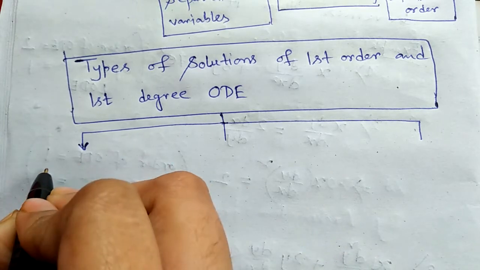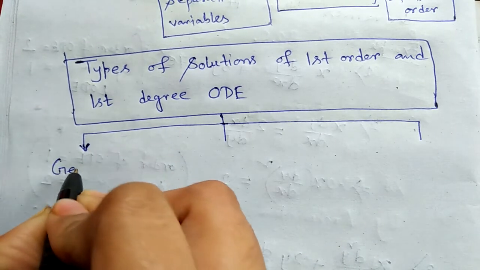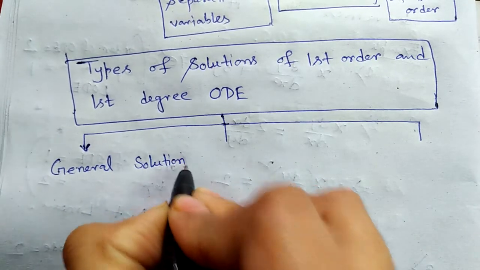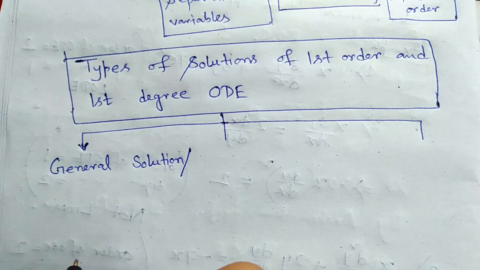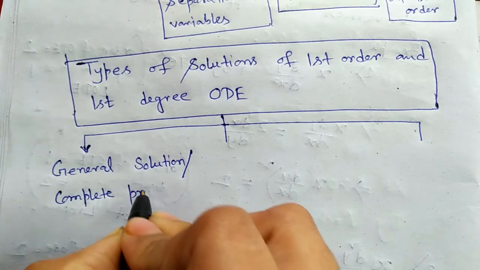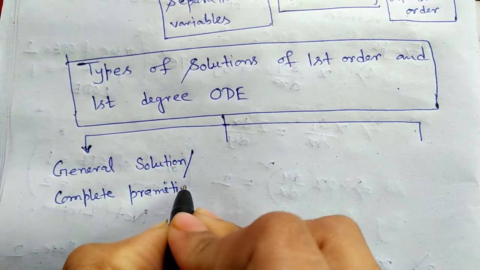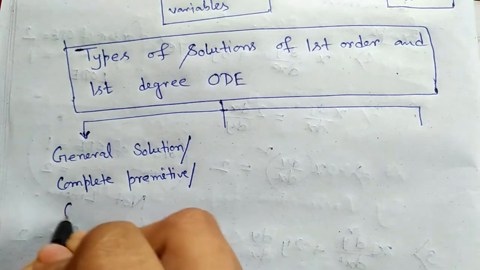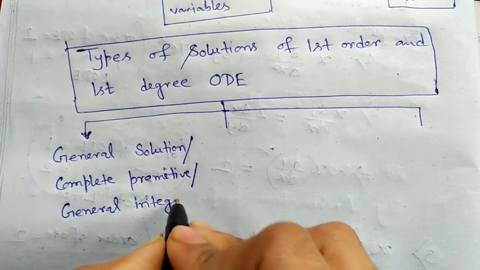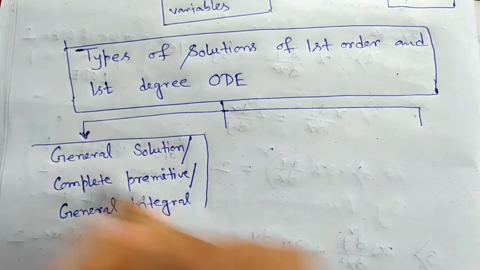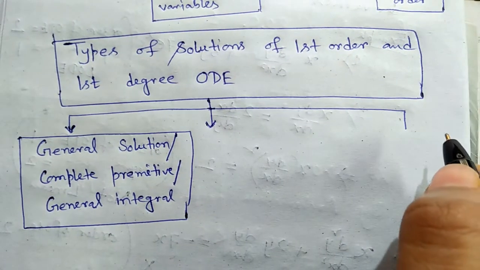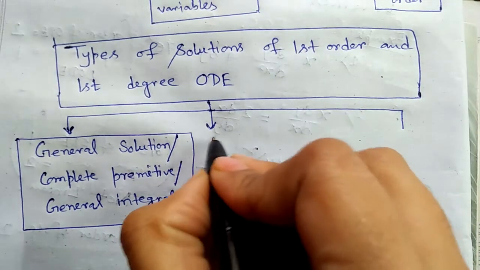Our first type is called general solution, or it can be said as complete primitive, or general integral. Next, the second type of solution is particular solution.